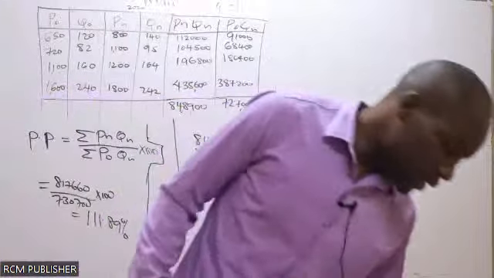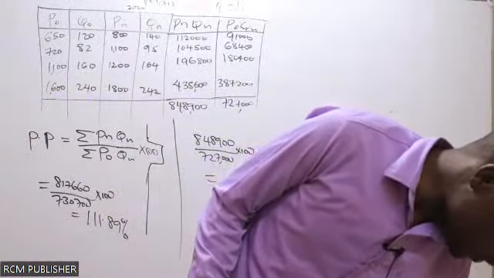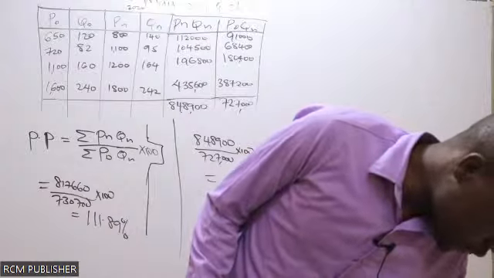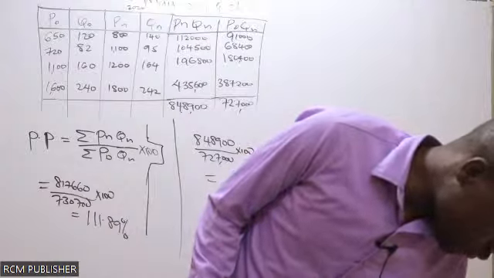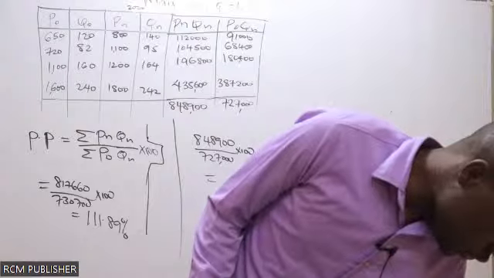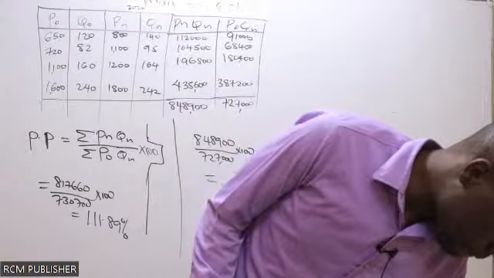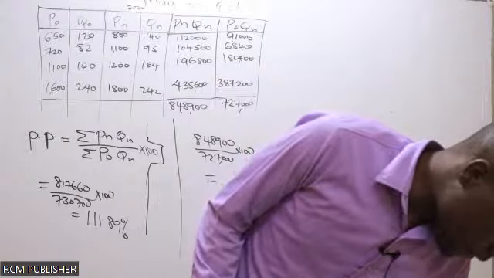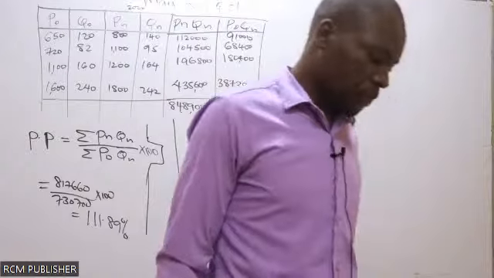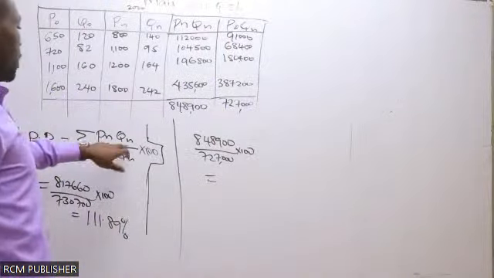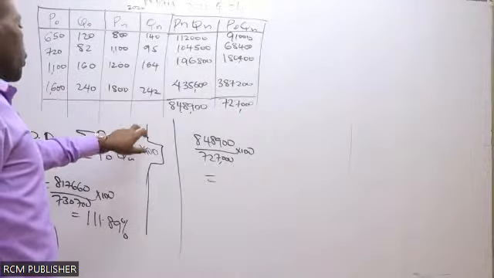As you calculate that, let's look at part B of the question. The Laspeyres price index for the year 2019 and 2020 using 2018 as the base year. The only difference is that we are going to replace this QN with QO.